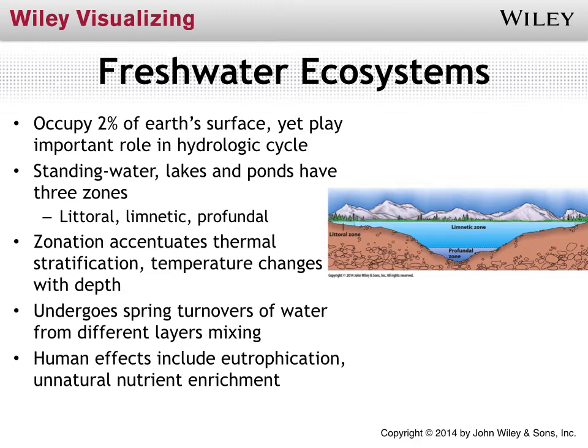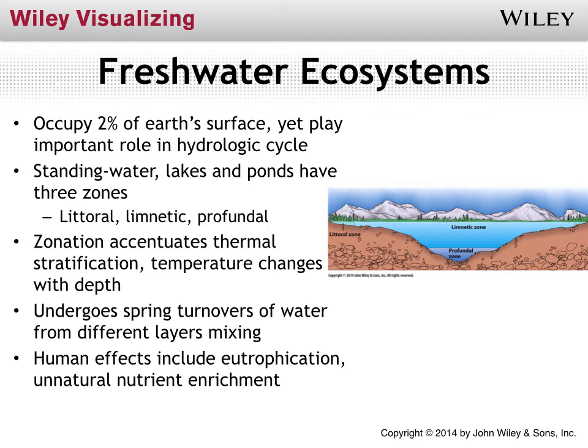Because there are different layers, cold water is more dense than warm water, so it settles near the bottom. But then as you go into springtime, when the surface water gets warmer, it changes the balance of the standing water ecosystem, and those layers will mix and become one. Then they'll start stratifying again later in the season as the water cools down.